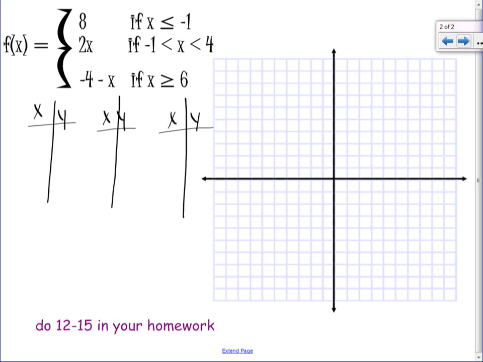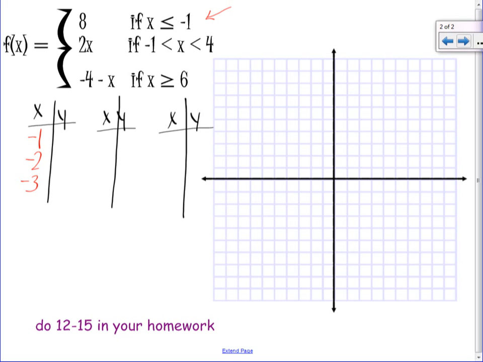What numbers should I write down under the x's? -1 for sure. -2, -3. We found that by looking right here. It tells you what x values to use. Are any of these going to be open circles? No, because it says less than or equal to. So all are going to be filled in.